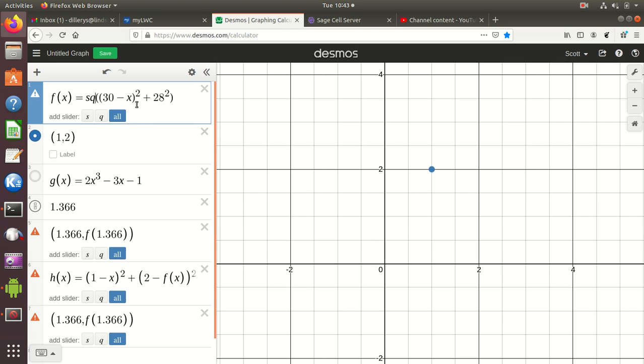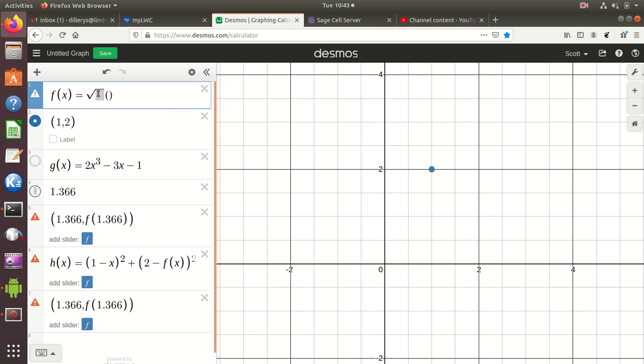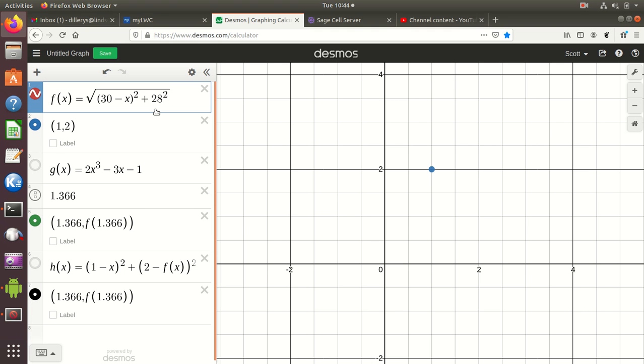So I back it up, and I say SQRT. There made the square root. Now I'm going to highlight this stuff, do a Control-X and place it in there. So yeah, that wasn't so bad. Now I'll get out of here and delete those two things.